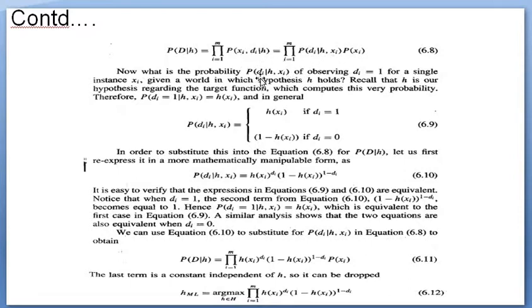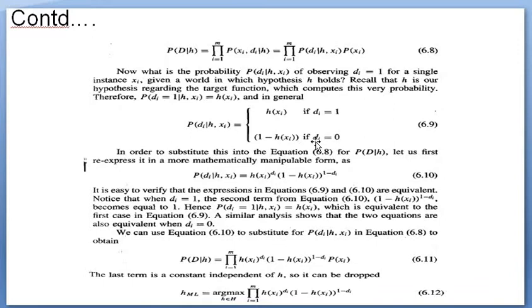Now what is the probability P of di given h comma xi of observing di equal to 1 for a single instance xi? If di equals 1, then the result is h of xi.